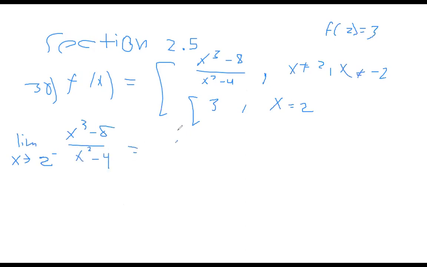That has to equal the limit as x approaches 2 from the right of 3, which is this function. So the left hand limit is this, because it says here that x cannot equal 2. This is a rough draft, not to scale, but as x approaches 2 from the left hand side.